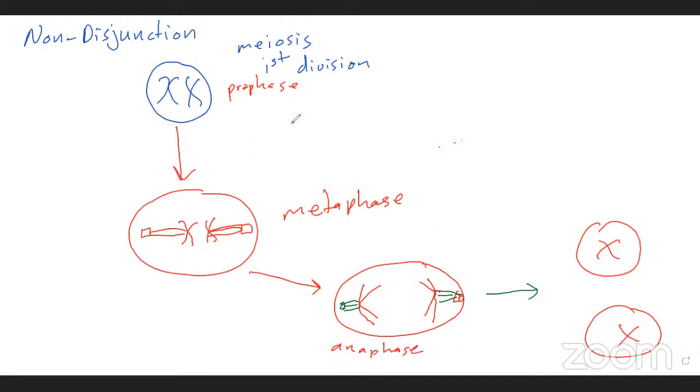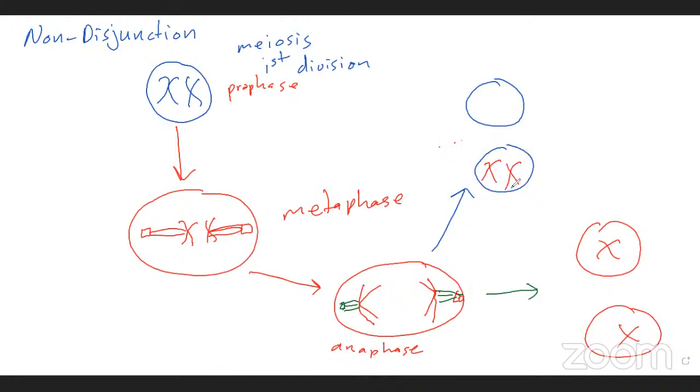Now, let us look at the non-disjunction. The non-disjunction is that these two chromosomes did not separate. What will happen? One of the cells will be empty and one of them will have two chromosomes inside, right?